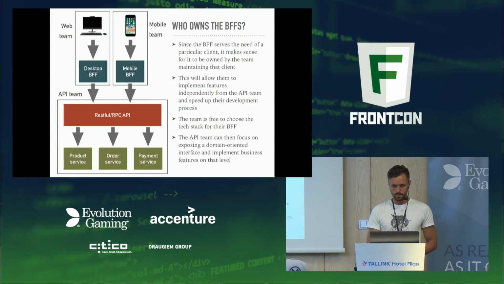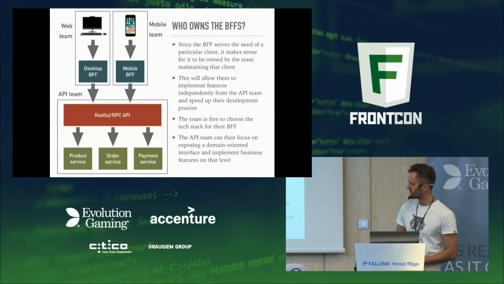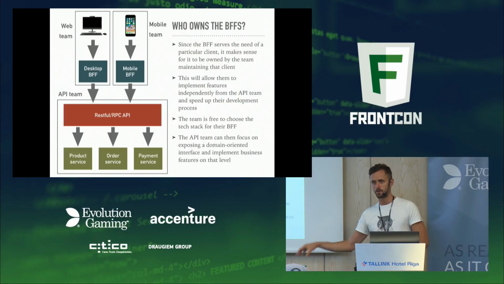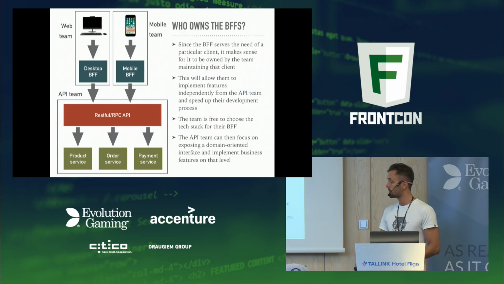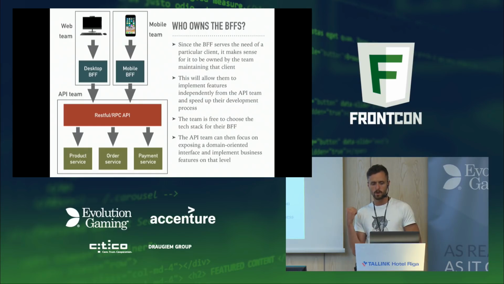It gives them the ability to develop and move further without being directly dependent on the API team. So if the API implements a new feature, one of the clients, for instance the web team, if they're moving faster, can quickly pick it up and start using it. The mobile team might catch up. This also gives them the ability to do whatever they want with the BFF because it's tailored particularly to them and belongs to them. So they don't need to cross-reference their changes with the mobile team.